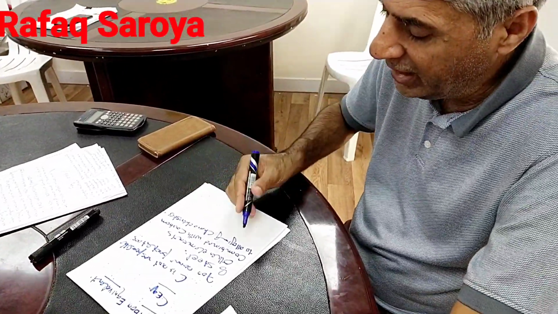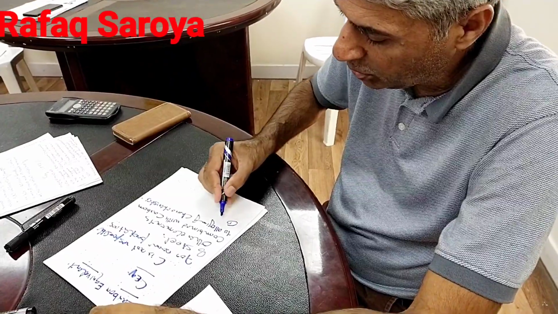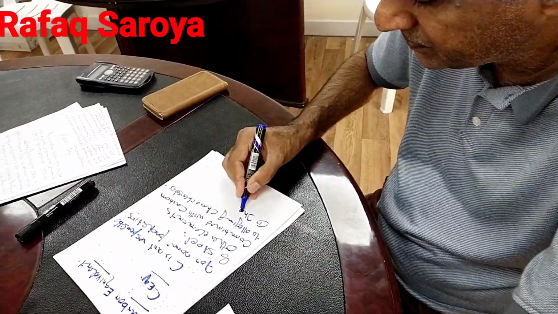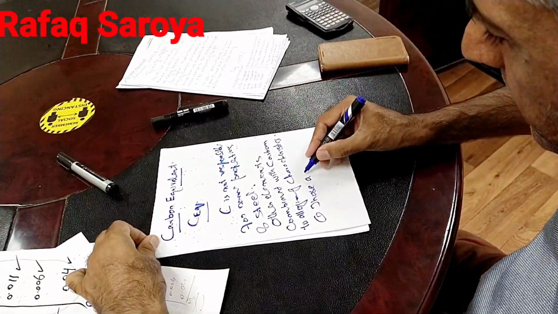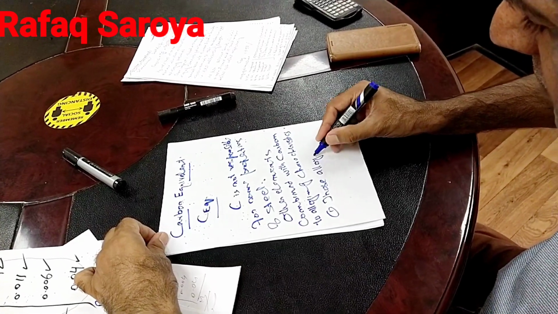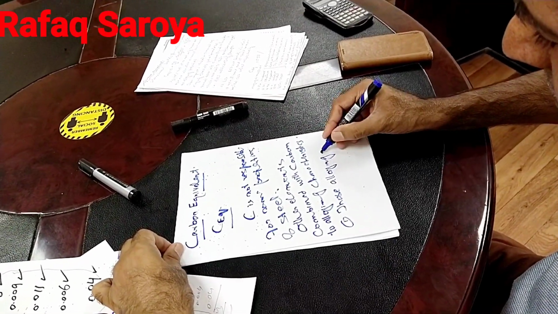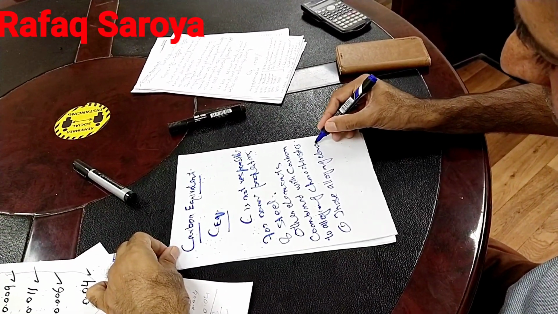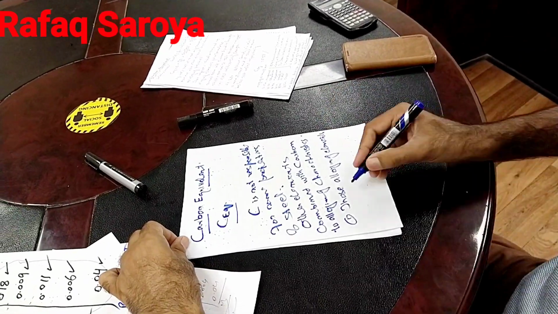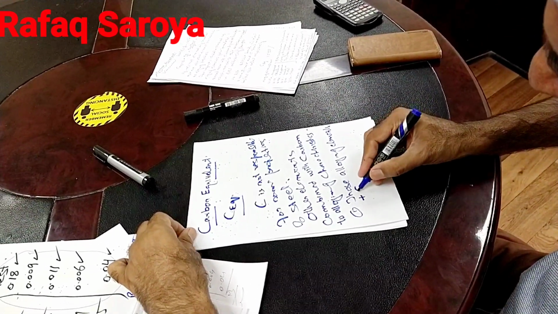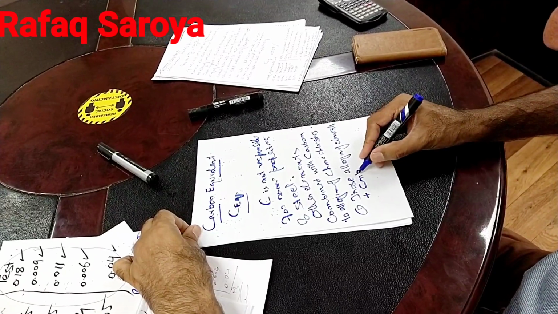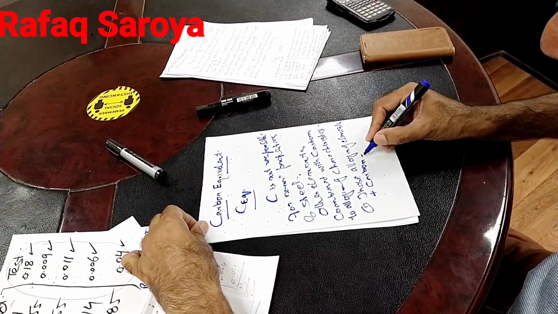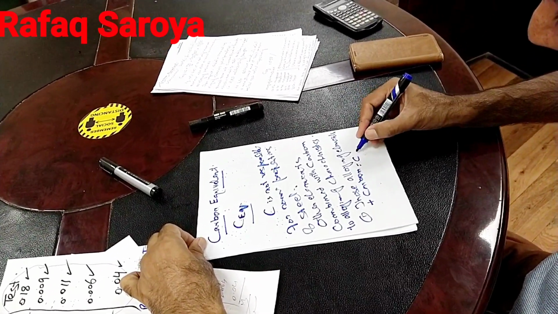So when those alloying elements are combined with carbon, they form the carbon equivalent.